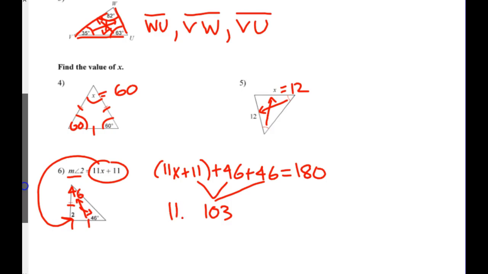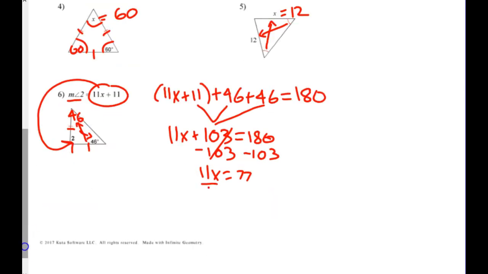Okay, so bring down 11x. Let's subtract 103. 11x equals 77. And then all we got to do is divide by 11. And we get 7.